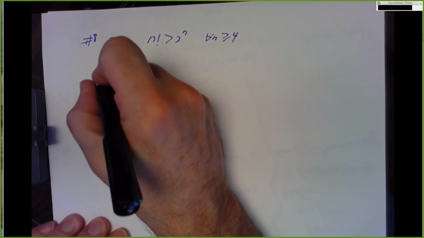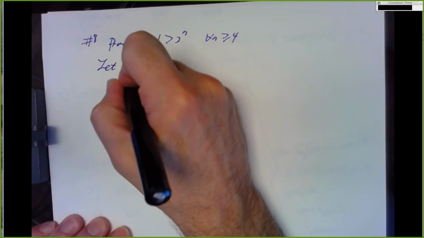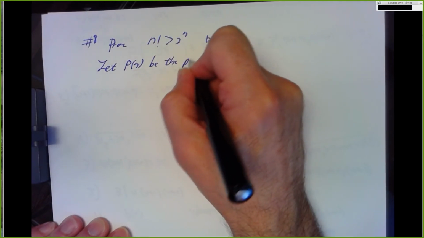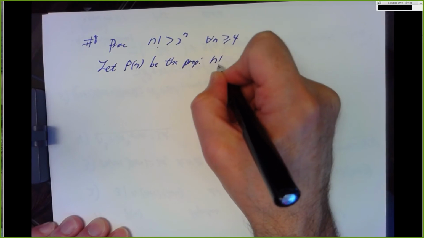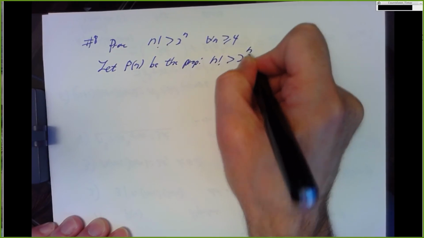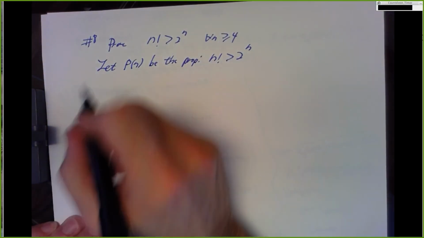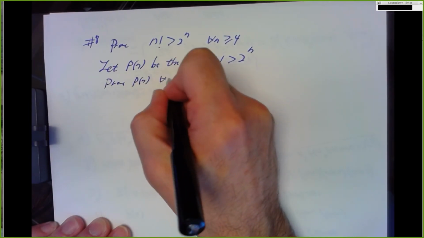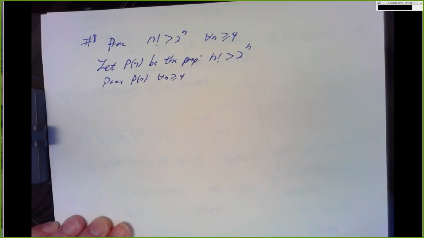Alright, start with a proposition. Let P of n be the proposition that n factorial is bigger than 2 to the n. And we want to prove P of n for all n bigger than or equal to 4.